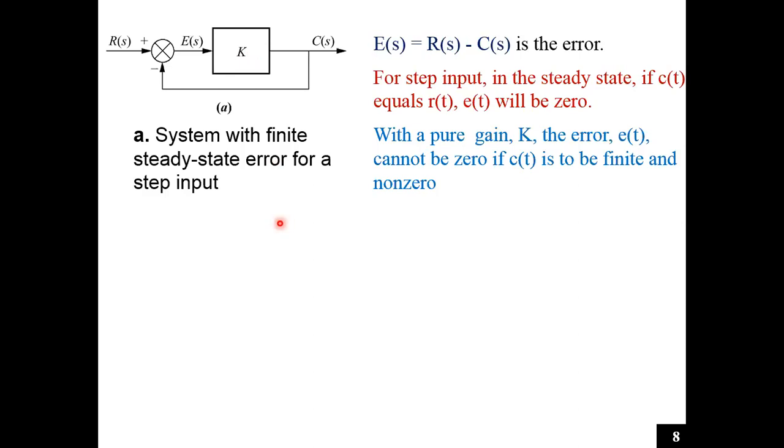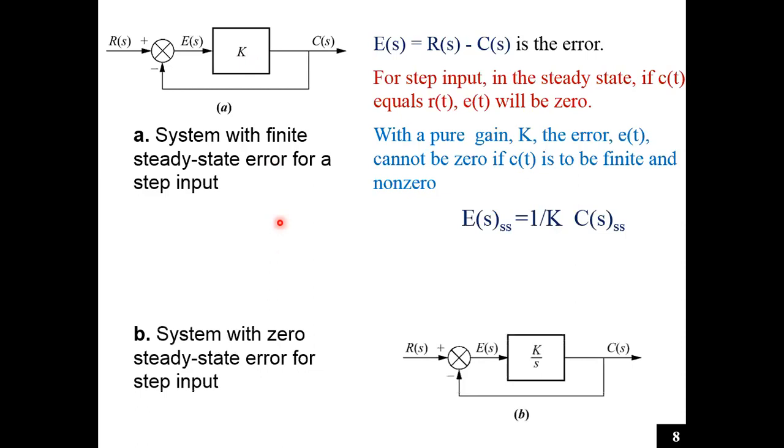We say this system has a finite steady state error for a step input due to this pure gain. To remove this steady state error, we need an integrator. In this particular system, the steady state error will be equal to 0 no matter if K is a pure gain, because we have an integrator. The particular calculation will be discussed in next slides.